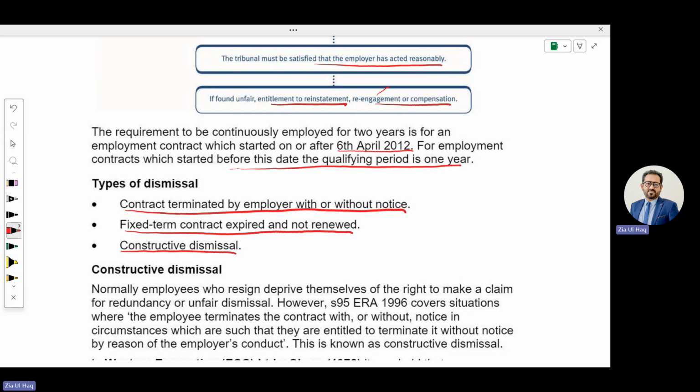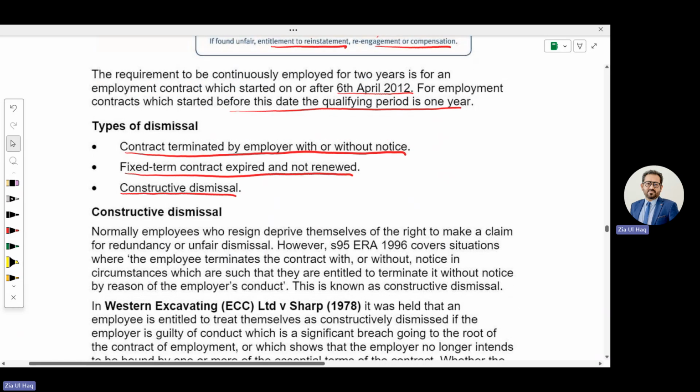So there are 3 types of dismissal: contract terminated by the employer with or without notice, fixed term contract completed, or constructive dismissal. What is constructive dismissal? Normally, employees who resign deprive themselves of the right to make a claim for redundancy or unfair dismissal.